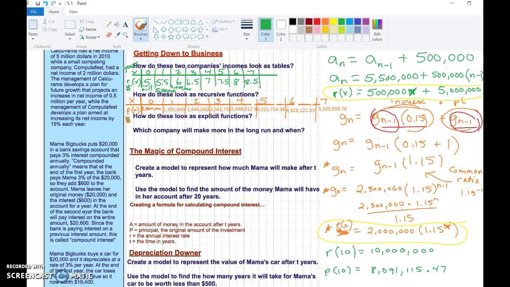So I still, after 10 years, Calcurama is making more money. So then I kept going, and I'd like you to keep going and see at what year Computafest ends up making more money than Calcurama.